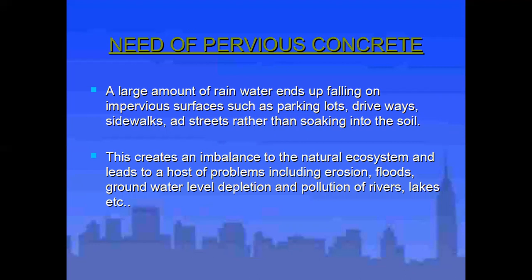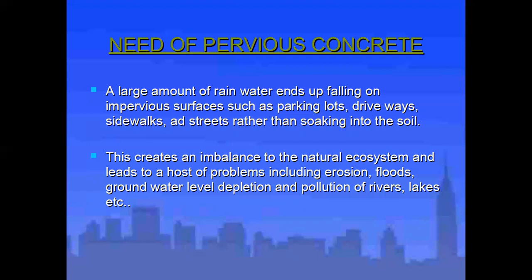The main motive of pervious concrete is to drain the water into the subsoil or below the ground level. If we provide pervious concrete, it helps to maintain the ecosystem also. Whatever runoff there is, if there is rainfall or water flowing on the surface, the water can filter through the pervious concrete and go into the subsoil.